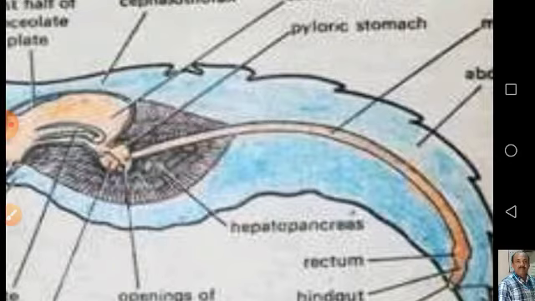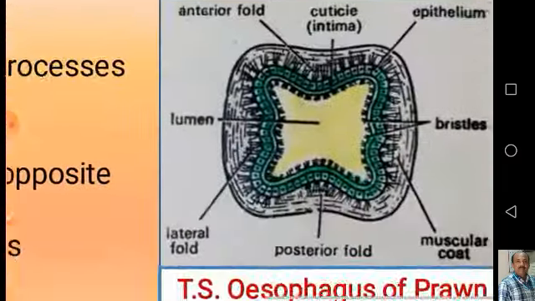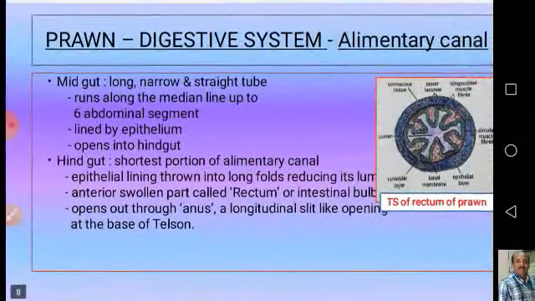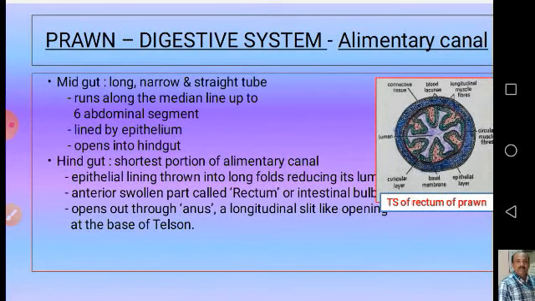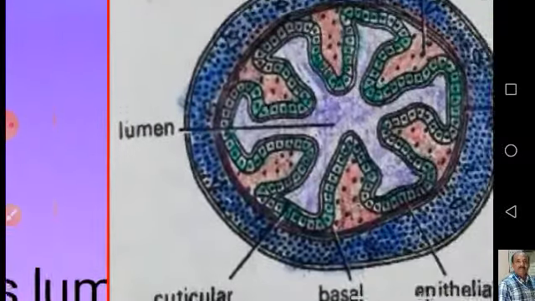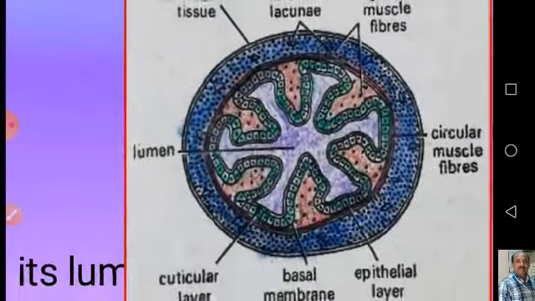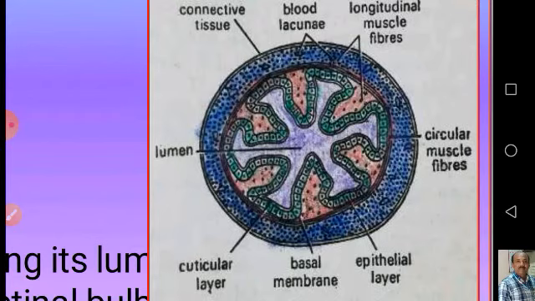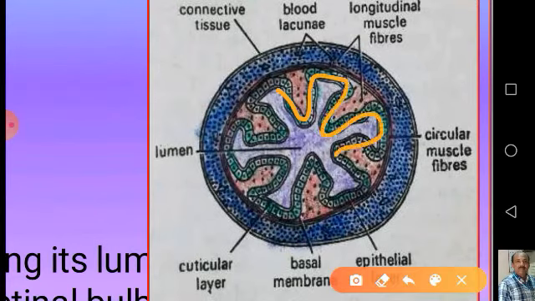The internal epithelial lining of the midgut consists of columnar cells. See here, these are the columnar cells in green color, and these columnar cells possess large nuclei.